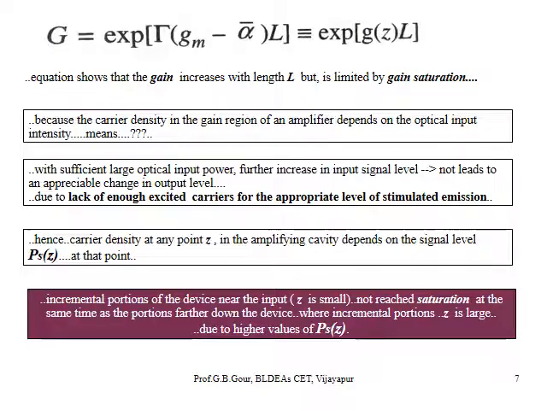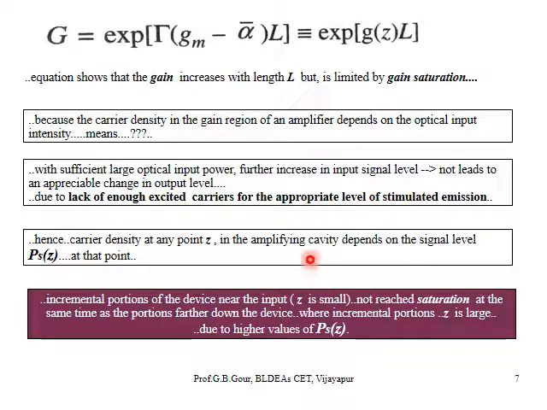Okay. So hence the carrier density at any point Z in the amplifying cavity depends on the signal level PS of Z. It's something like the power saturation is less at a smaller distance Z from the device compared to the larger distance. Okay, power saturation is very small nearer to the device compared to farther away from the device.